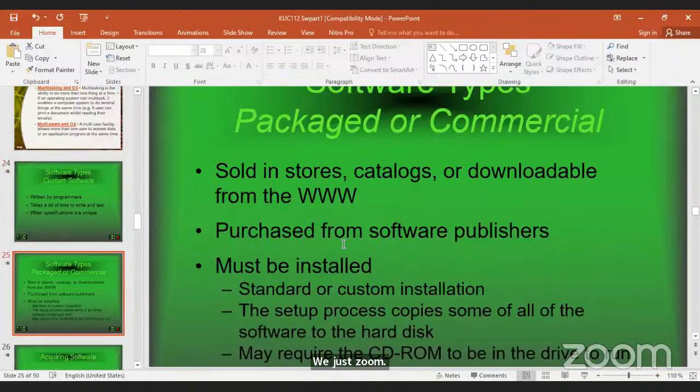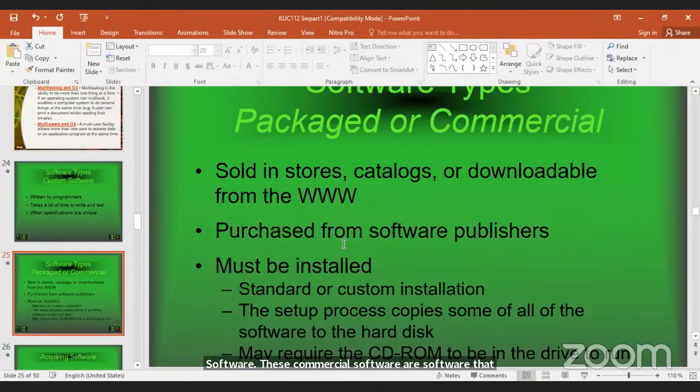We have two types of software that are available in the market: commercial software and open source software. Commercial software is software that is sold in stores.